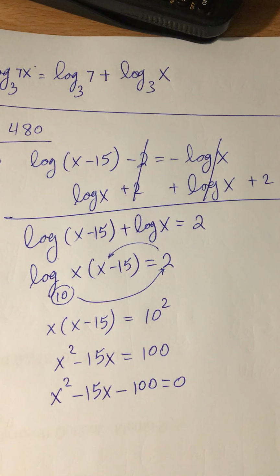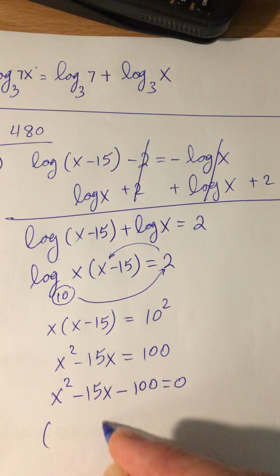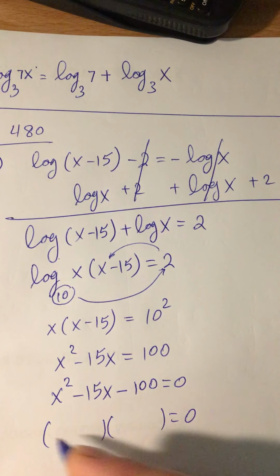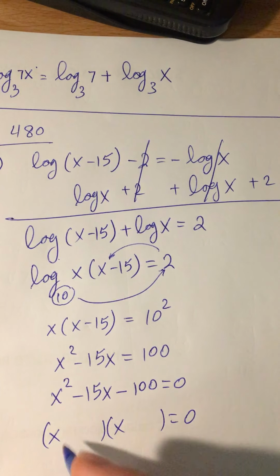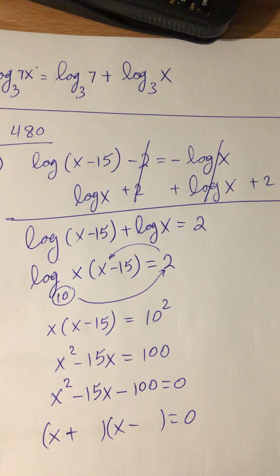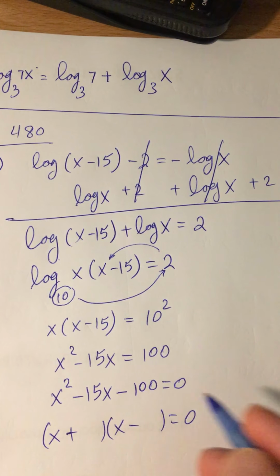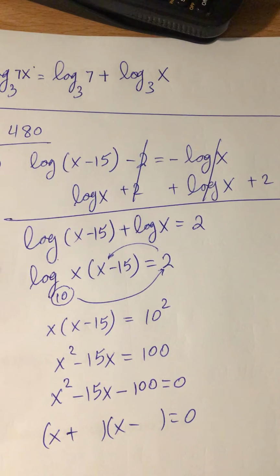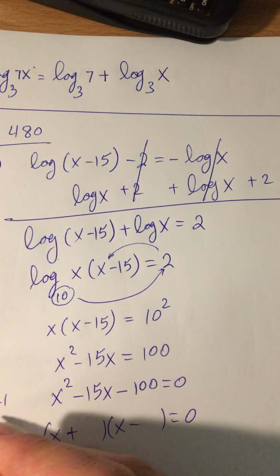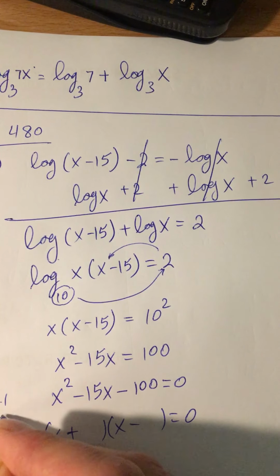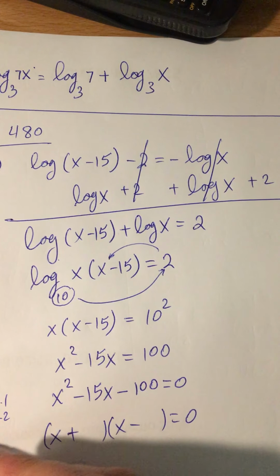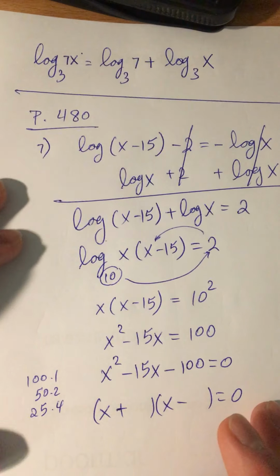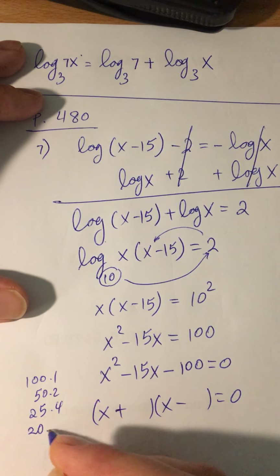And what do we have? Well, we can factor this. So x and x, plus, minus. What are the factors of 100? 100 times 1, 50 times 2, 25 times 4, 20 times 5.